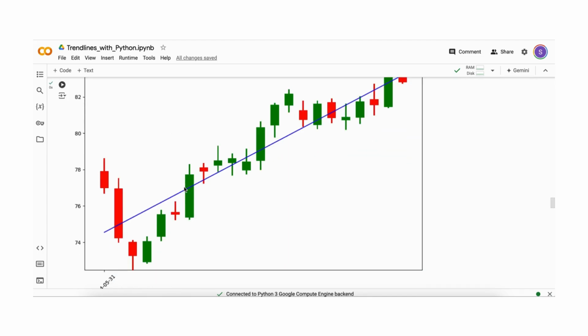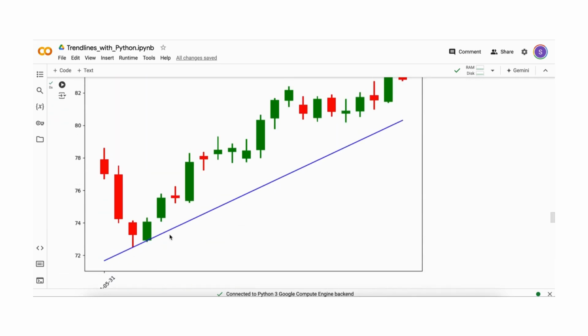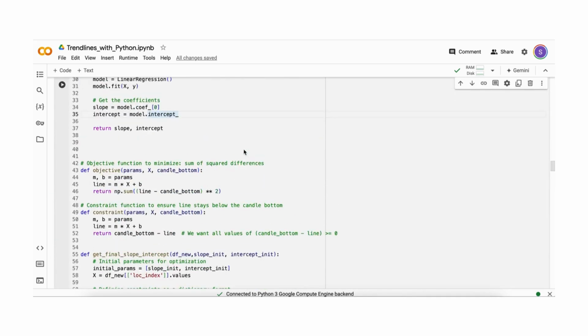And then the second step will pull down the best fit below all of the candles, keeping the slope the same. So this is what that looks like. Let's see how that looks.